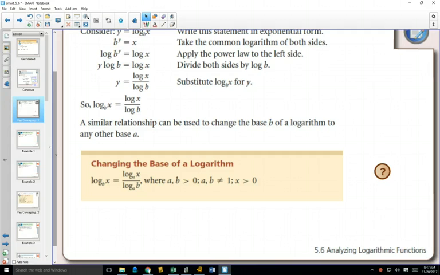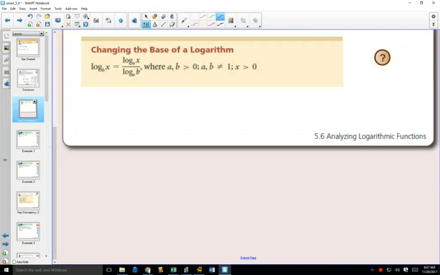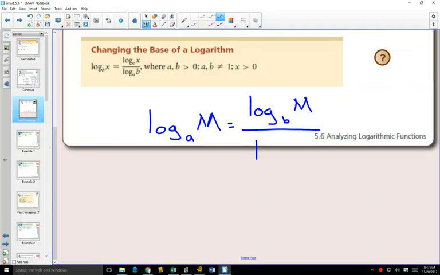And it says right here, I'll rewrite it so you guys can see it bigger. It says, and I'll use the same letters that we have on our formula sheet, log A of m is equal to log B of m over log B of A. So some things to notice: the A that I circled in purple here is also over here.